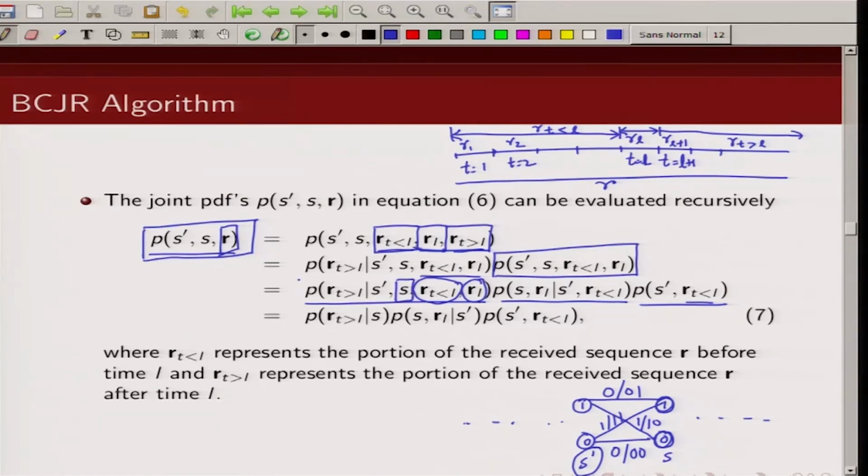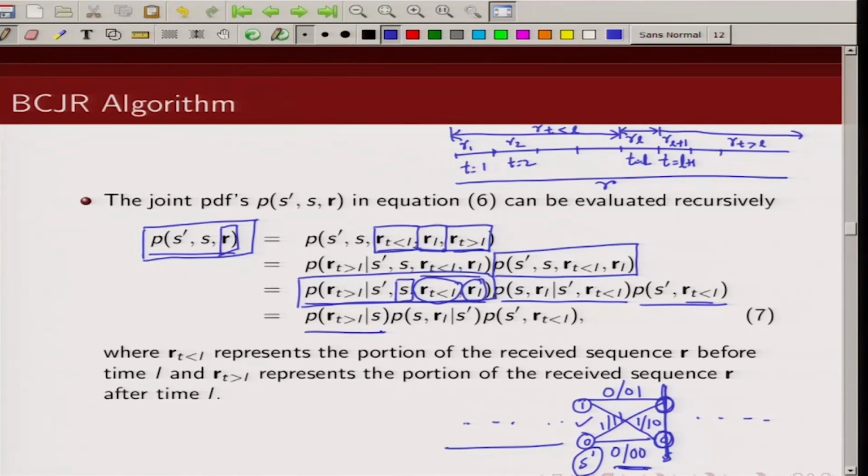So, this probability of R t greater than L given S prime, S, and this received sequence R, can be written as probability of R t greater than L given only S, because knowing this final state S, I do not need information about my state here, or my received sequence here, or my past received sequence. This will only depend on S.